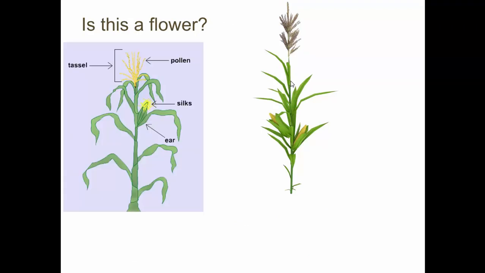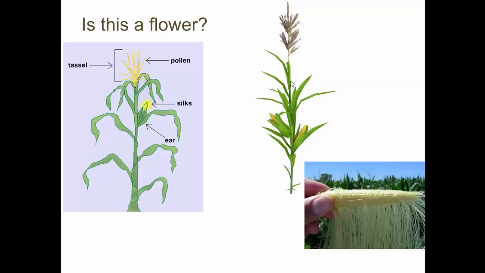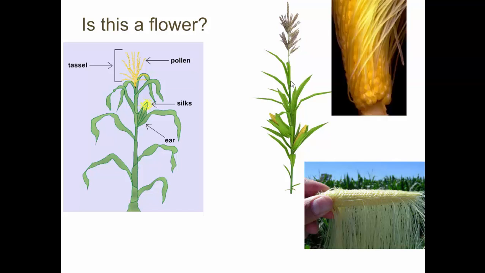So, corn plants are interesting. They're flowering plants. Okay, and actually, if you were able to strip off the husk of an ear of corn, what you would see, you know, the silk of corn. Each one of those is actually the style of the pistil. And each kernel would have one of those silks attached to it.